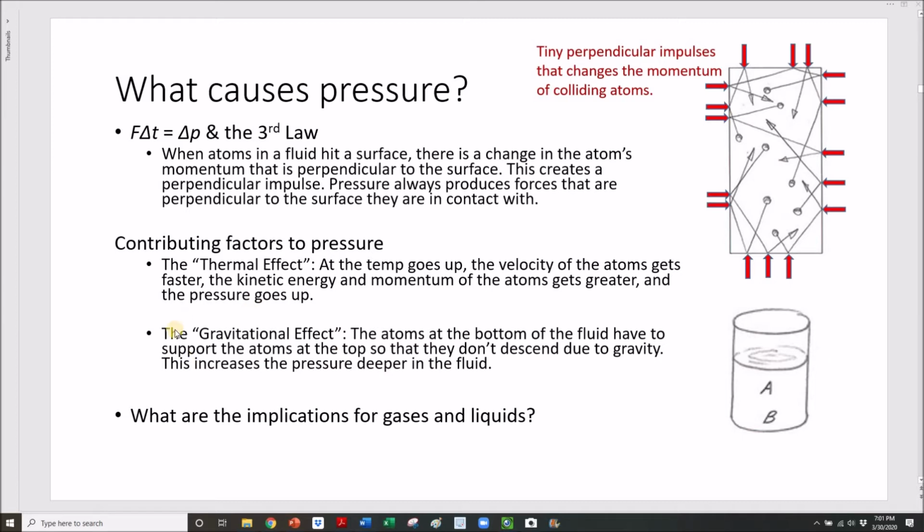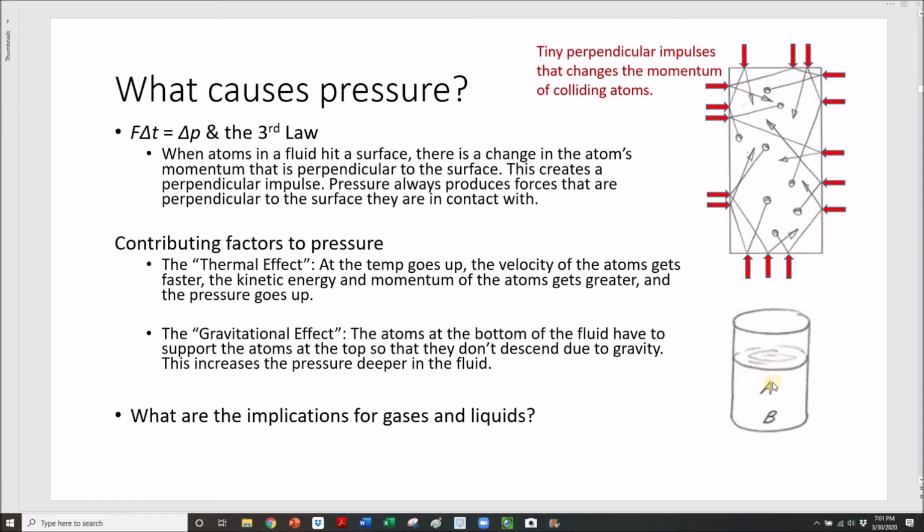Now, the gravitational effect. Take a look at this glass of water. The atoms down here at point B have all the atoms above, including the atoms at point A, to push up to keep them from falling.